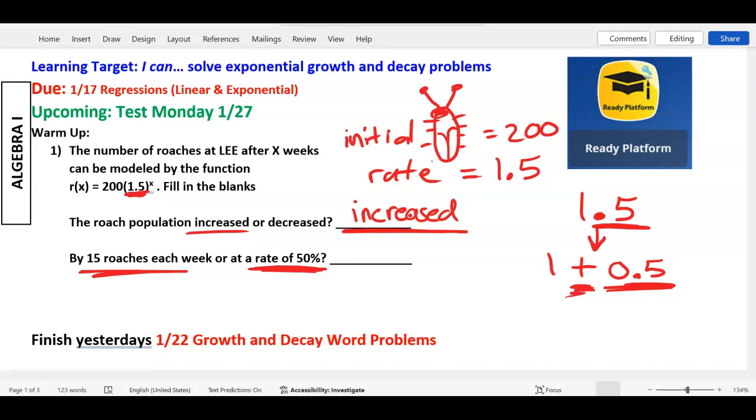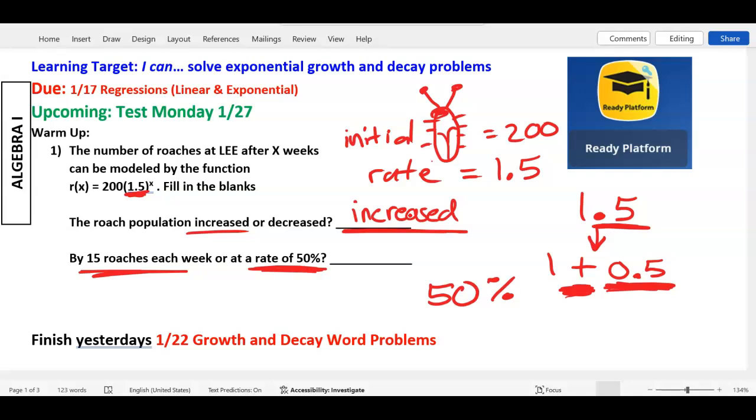Is it increasing at a rate of 50%? So look, here's my plus sign. That is increasing. 0.5, is that 50%? Do y'all remember yesterday? Actually, who was not here yesterday? Anyone else not here yesterday? Okay, so this is something you should have learned before, but we learned this yesterday. We reviewed this yesterday. If I have 50%, do you know the rule to turn it into a decimal?